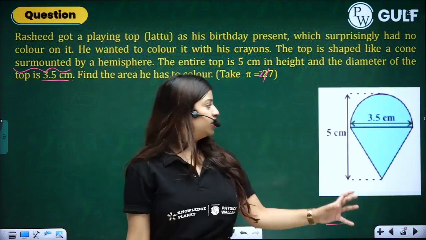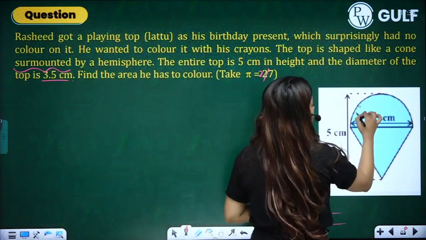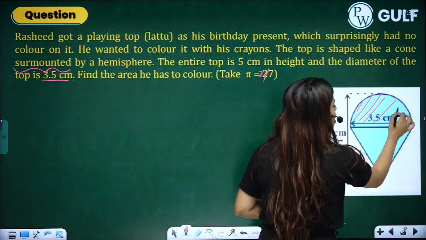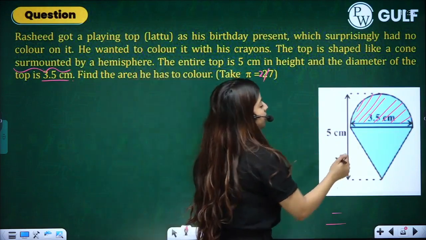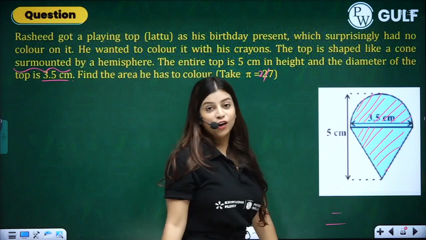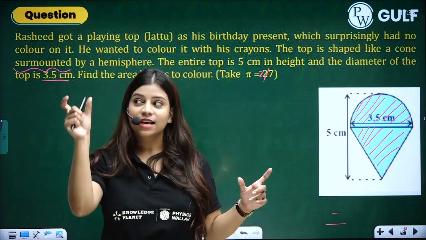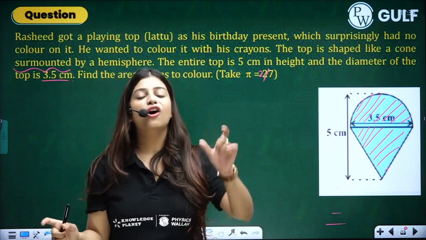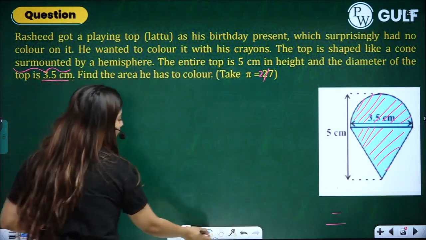See, if this is the top, he has to color the curved surface area of the hemisphere, the very first thing. The second thing, he has to cover the curved surface area of the cone. So we will be understanding how to find two different things: curved surface area of hemisphere and curved surface area of the cone. So let's calculate it, students.